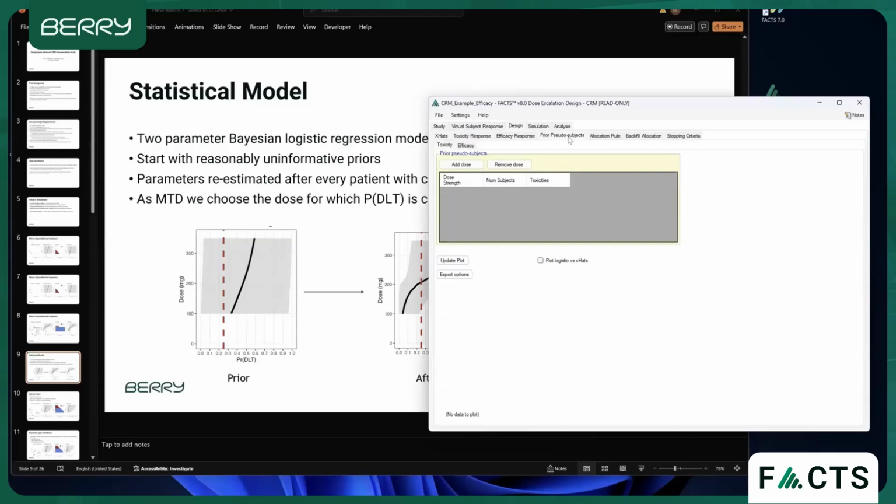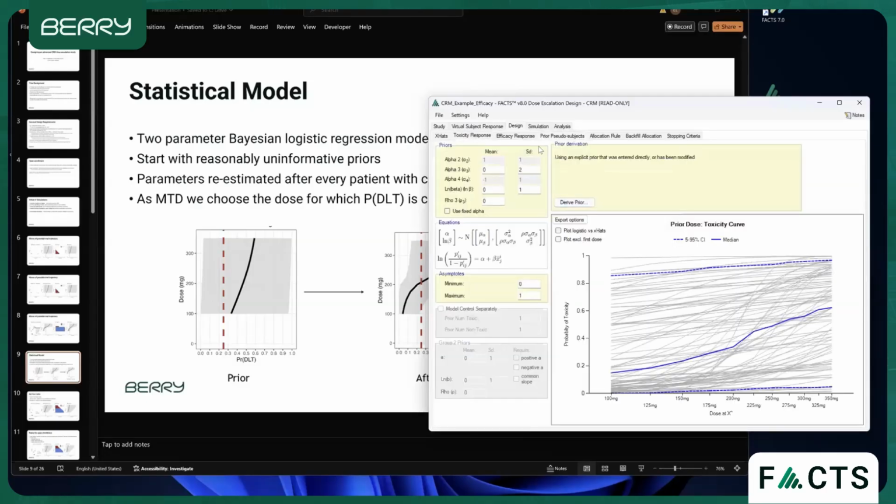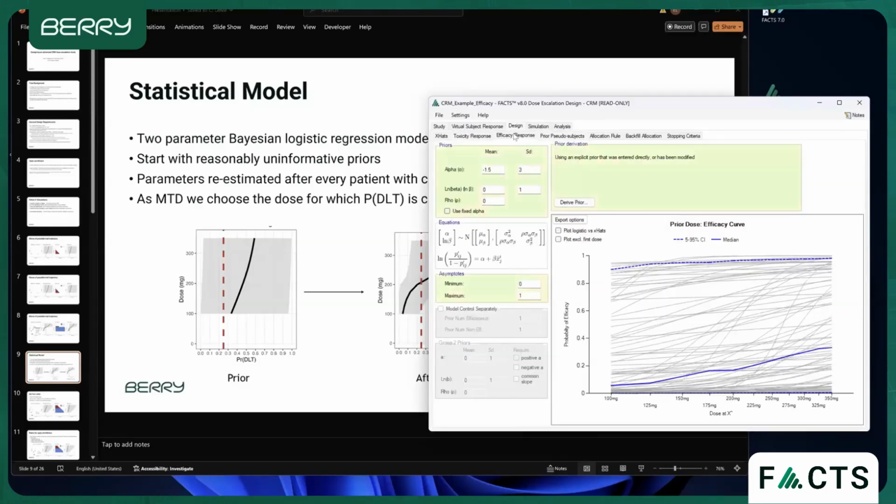Sometimes what you do is when you specify your prior and then you run the simulations and you find that the model doesn't fully behave how you want it to behave, you could specify prior pseudo subjects here just to tweak the behavior a little bit, but it wasn't necessary in this case. For efficacy, you can see that we've specified these priors. And again, this is fairly vague and fairly uninformative.